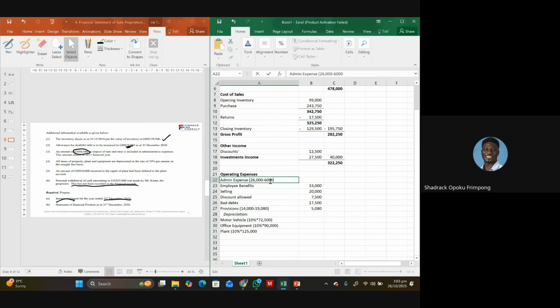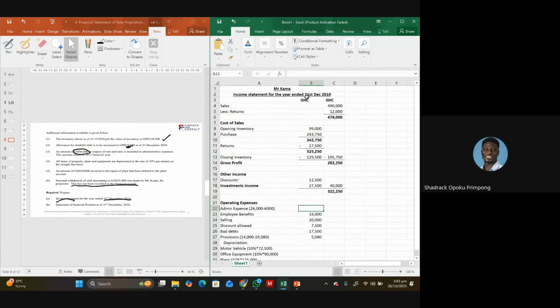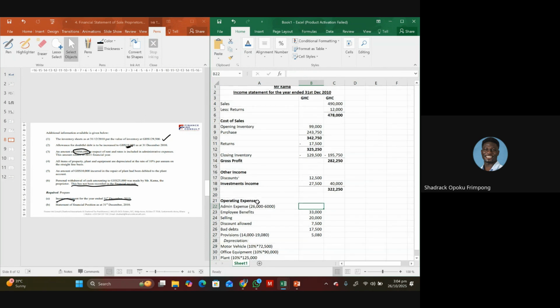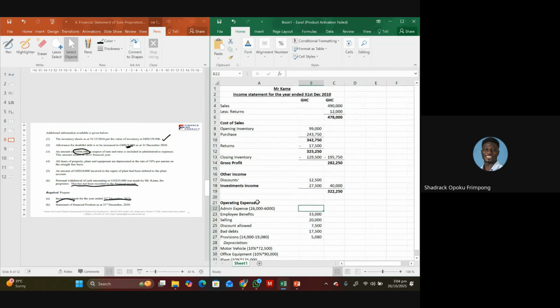Now, mind you, this is your profit or loss for a period. The period is 1st January to 31st December. Any transaction that relates to another period would have to be removed, because we want to just focus on all transactions that transpired under this period.